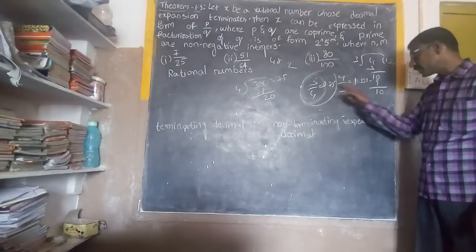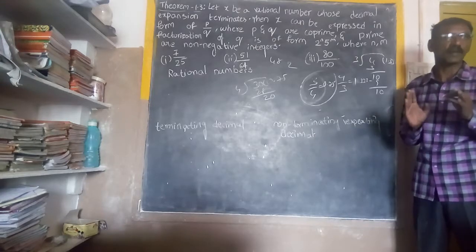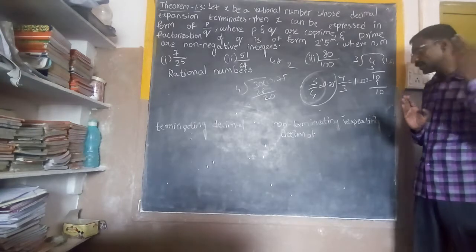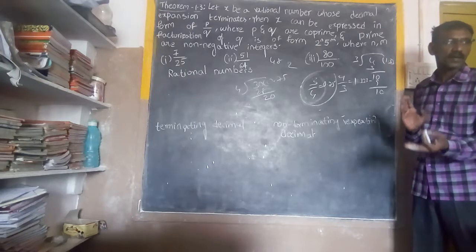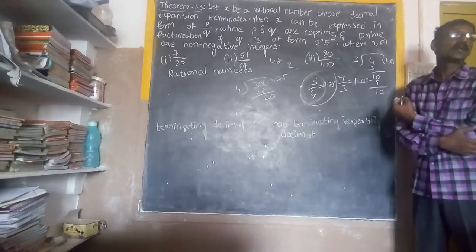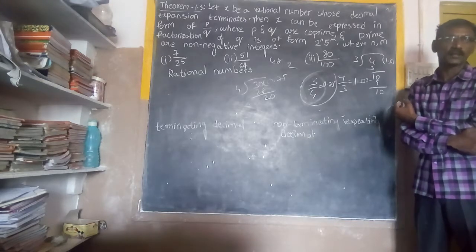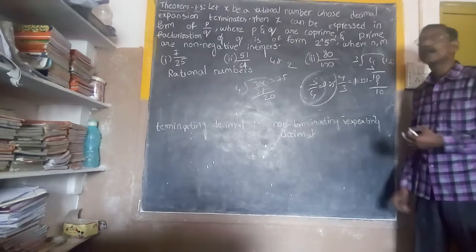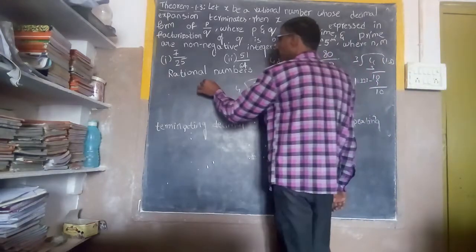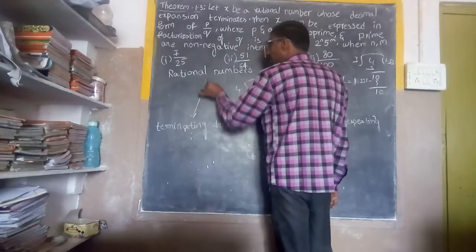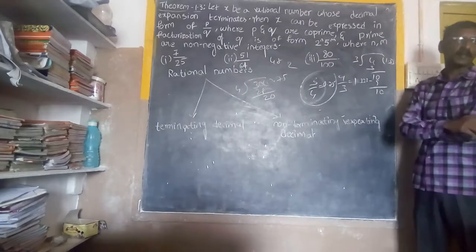By observing these two fractions, no doubt at all, every fraction is in the form of either a terminating decimal or a non-terminating repeating decimal, also called a recurring decimal. Anyhow, every rational number is in the form of a terminating decimal or a non-terminating repeating decimal.